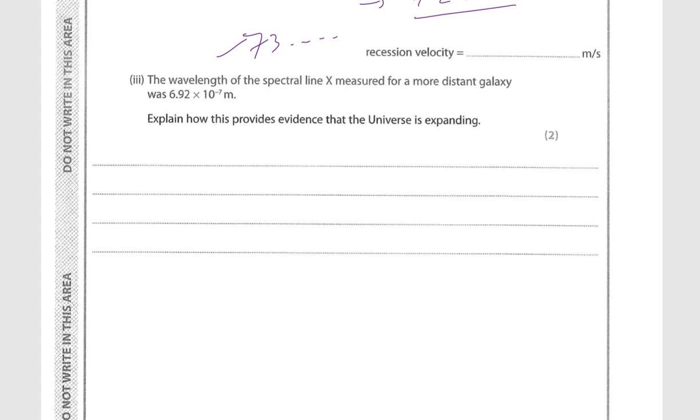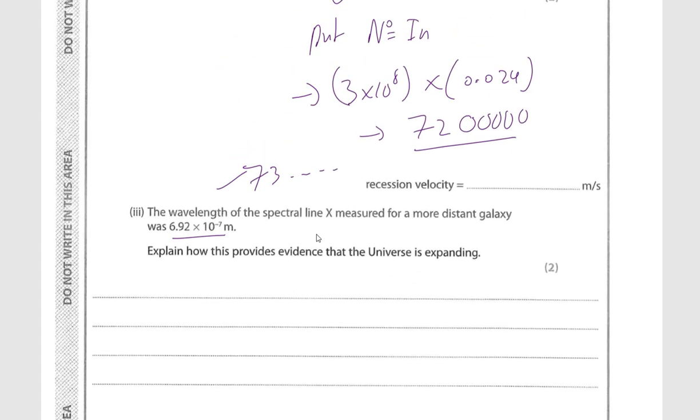This is the one that people tend to mess up. The wavelength of the spectrum line X measured for a distant galaxy was about this much. So this is the wavelength. Now, how does this show that the universe is expanding? Let's take a look.